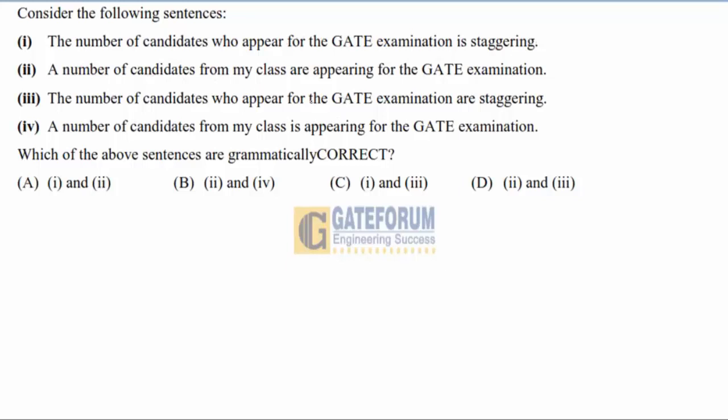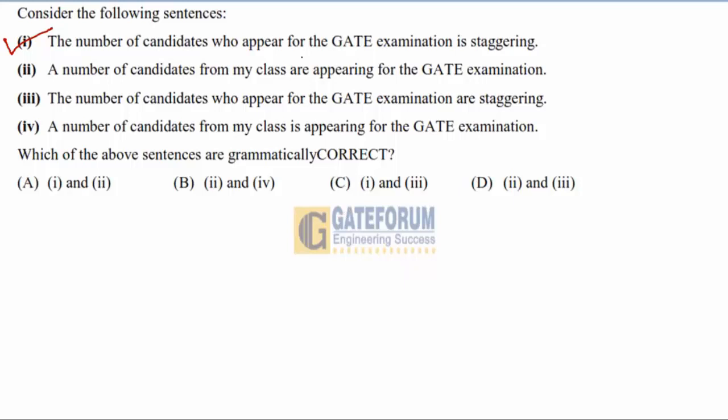Well, this is obviously correct, absolutely correct. A number of candidates from my class are appearing for the GATE examination. A number of candidates from my class.